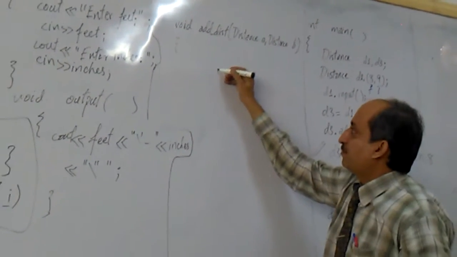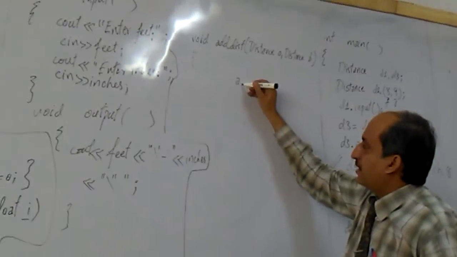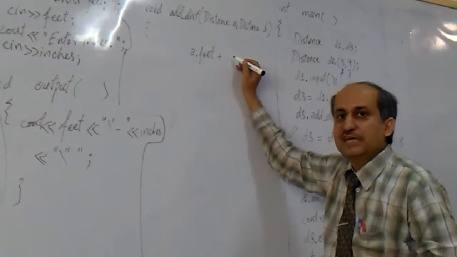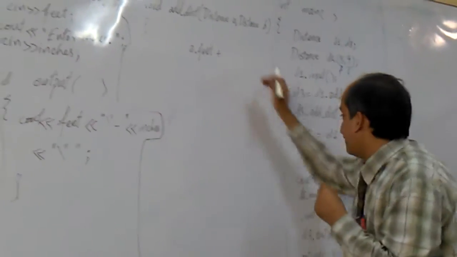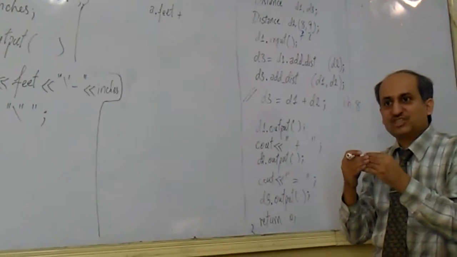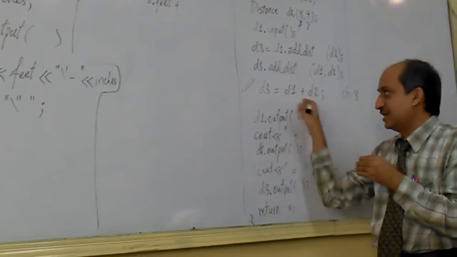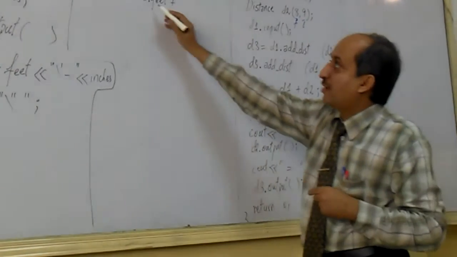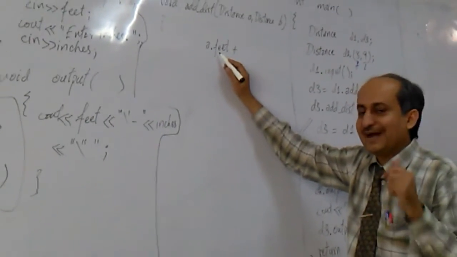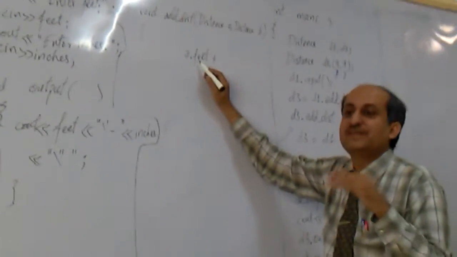And we can add their data members individually. Although the plus operator cannot add composite values, a collection of values, in one statement, over here we are not adding both objects collectively, but we are accessing their data members, feet and inches, and adding those feet and inches.